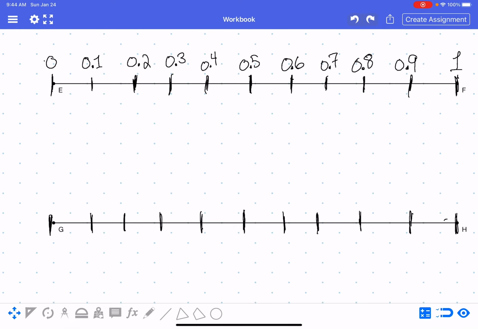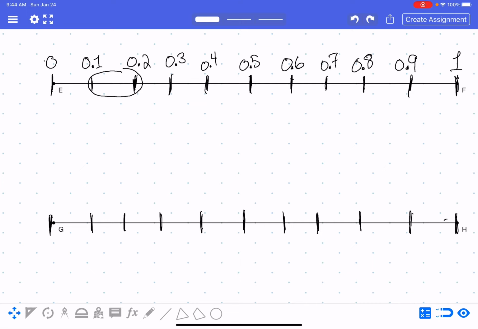We counted up by tenths. Here are the numbers between 0 and 1, all these little decimal numbers. This week we're going to zoom in again. I could zoom in anywhere, but I'm just going to give you one example.